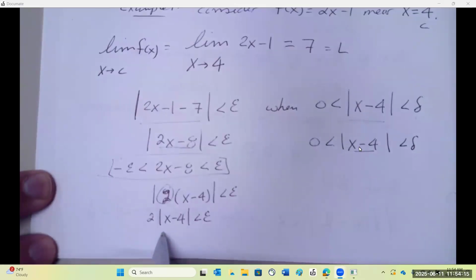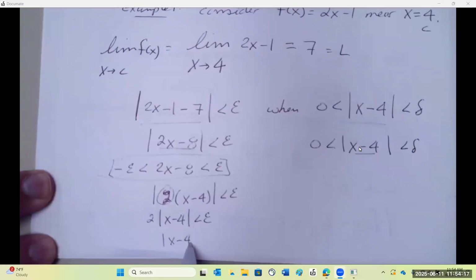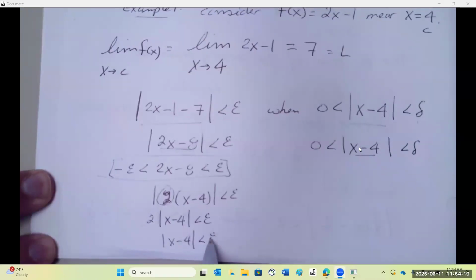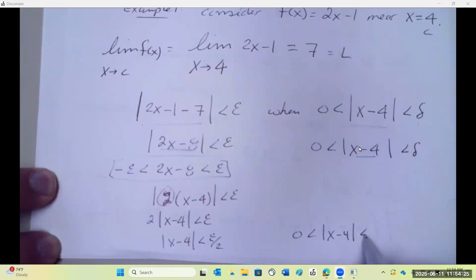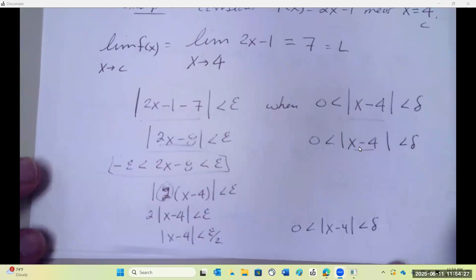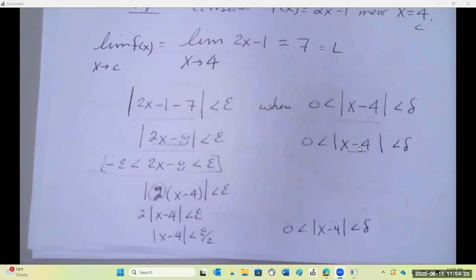Divide both sides by 2, we get x minus 4 is less than epsilon over 2. So how are epsilon and delta related?